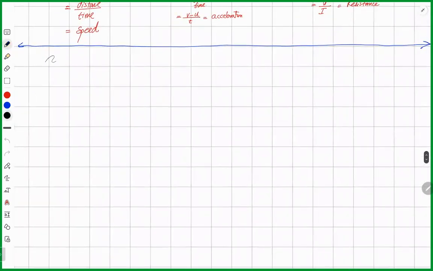So let's consider this session as general things that we need to know about graphs. There is area under the graph.